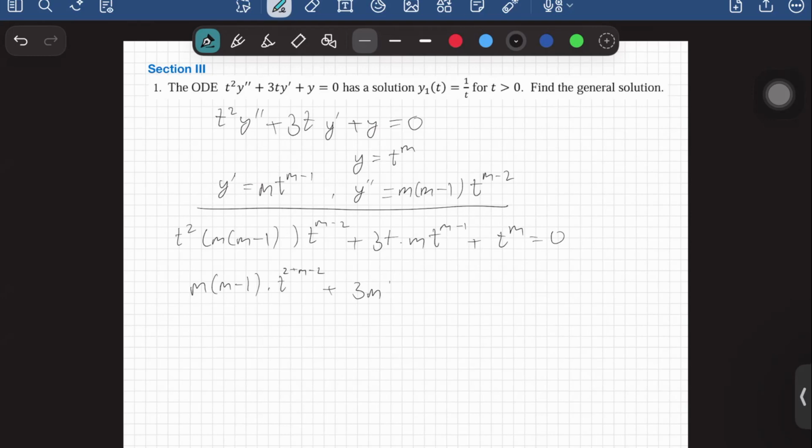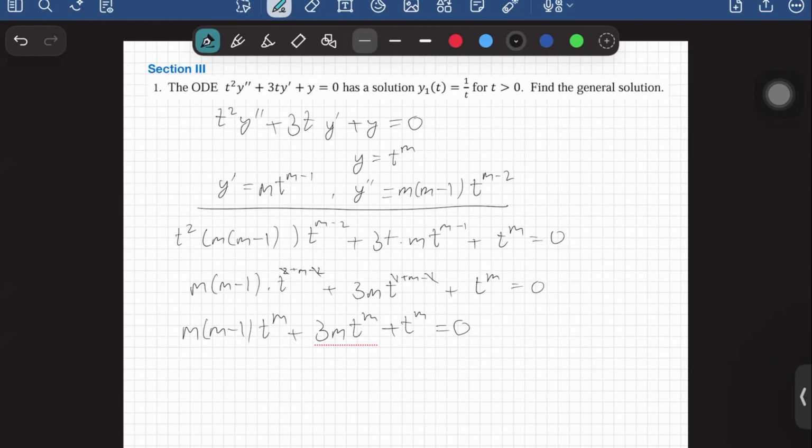So this is 3m t to the power of 1 plus m minus 1, plus t to the power of m, equal to 0. 2 minus 2 is 0, and 1 minus 1 is 0 again. So we have m(m minus 1) t to the power of m plus 3m t to the power of m plus t to the power of m equals 0, right?